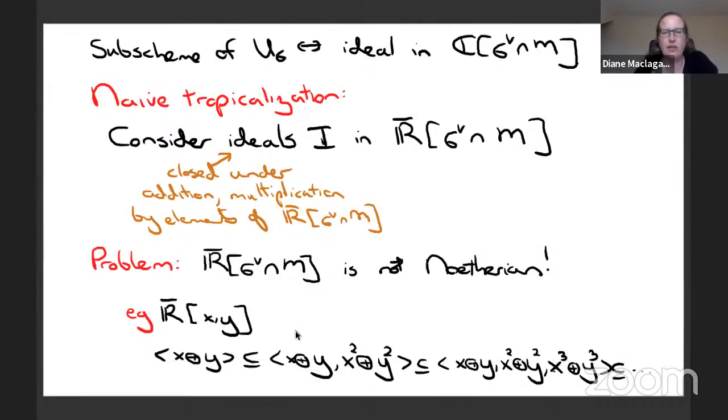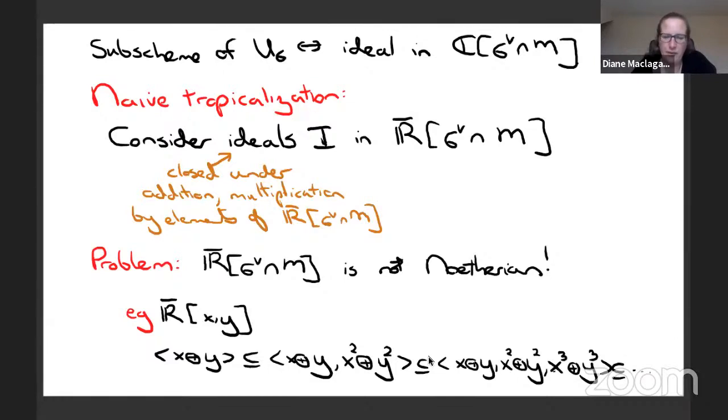Sorry, question? Can I ask this question? Yes. I'm a bit confused here when you say it's not Noetherian. By saying it's not Noetherian, it means that the ascending chain of ideals does not terminate, right? That's right.